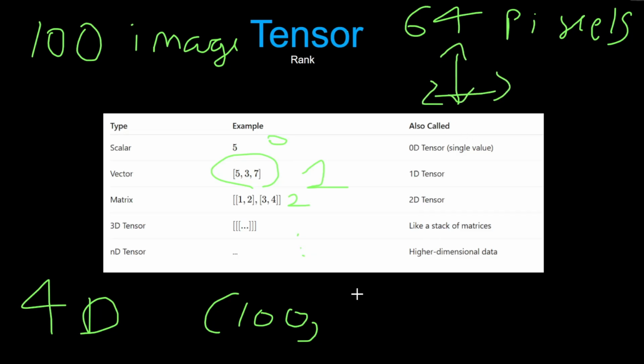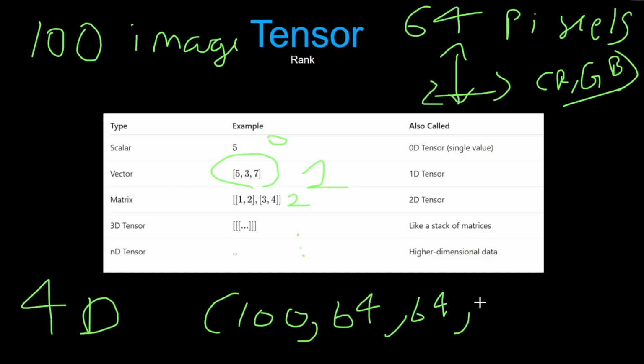So we have 64 and 64. And these are colored images, so they will have a set of RGB values or channels, just 3 values. So we will have 3 here. So this is called a 4D tensor in this scenario. And in deep learning, we have frameworks like TensorFlow and PyTorch. They can handle these tensors as they keep this as their core structure.